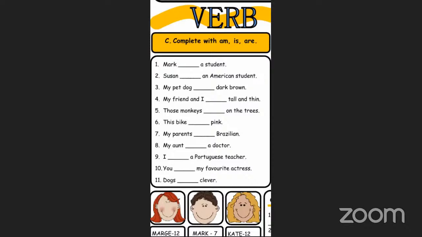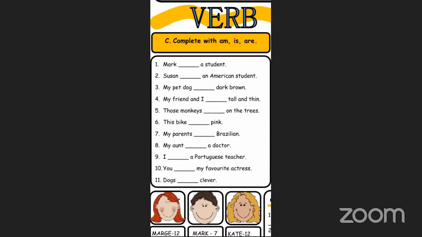Then number 7. My parents. So when you say my parents, there are two. That's in plural form. So my parents are Brazilians. Number 8. My aunt is a doctor.